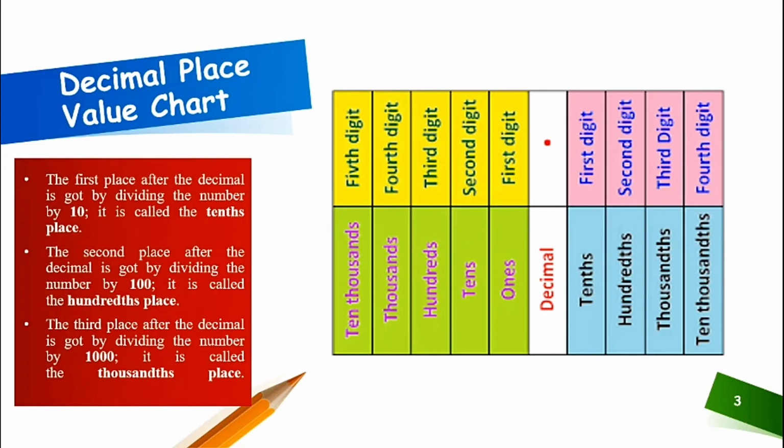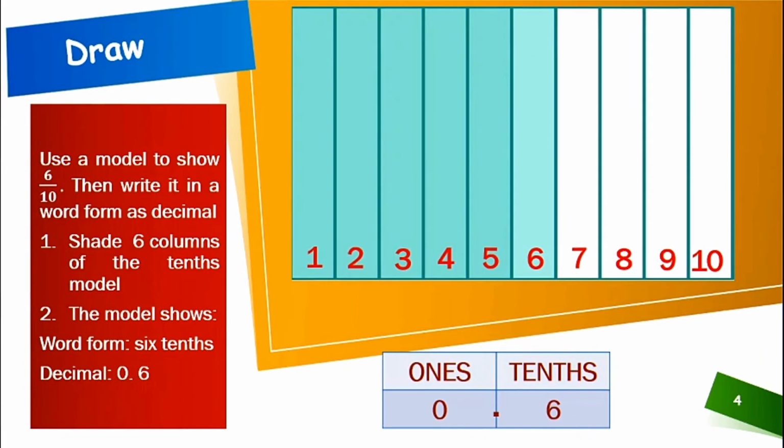Let me give you an activity. Use a model to show 6 over 10. On your right side, you will see the model. It has 10 columns and 6 were shaded. That's why it is 6 over 10.